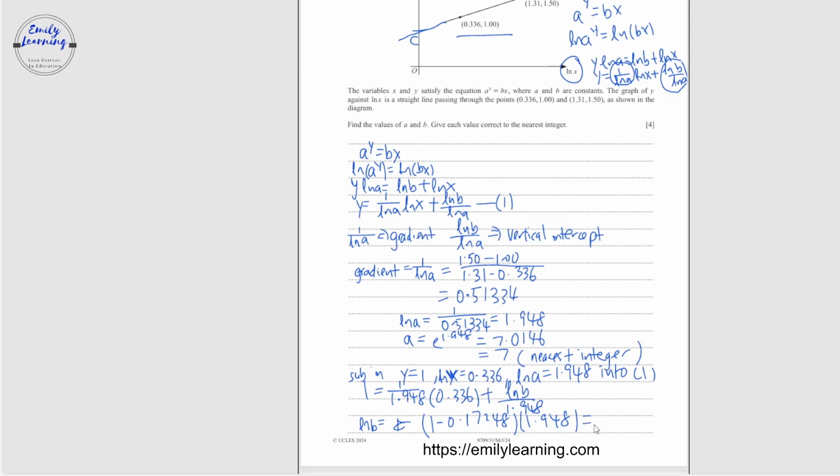Okay. This will give me 1.612. Okay, and B is equals to e to the power of 1.612.